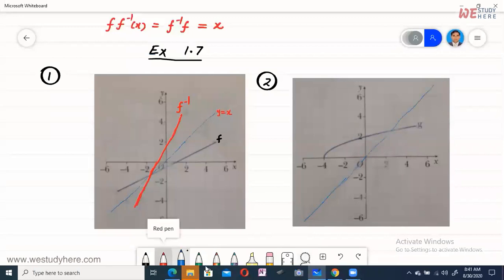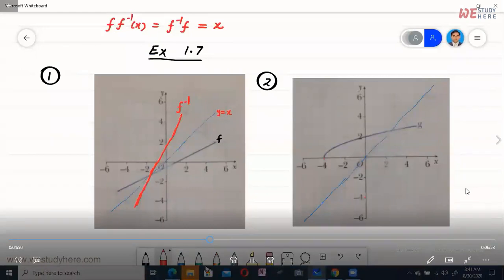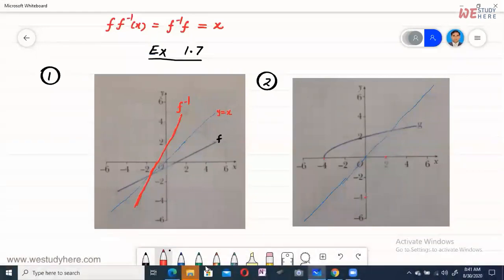Now we have to draw the image, as here this starting from -4. Here also we will take from -4. It's passing through 2. Then this line will be like this. Then it will join here and will pass through this one.